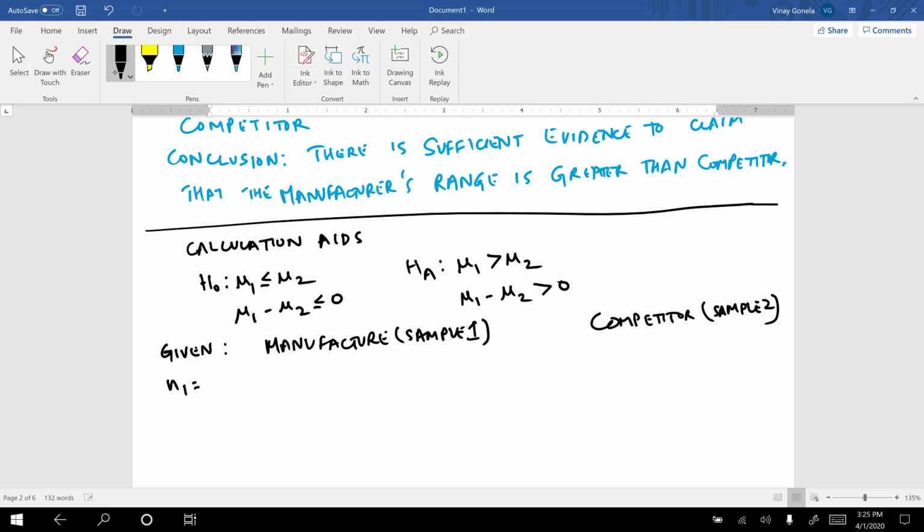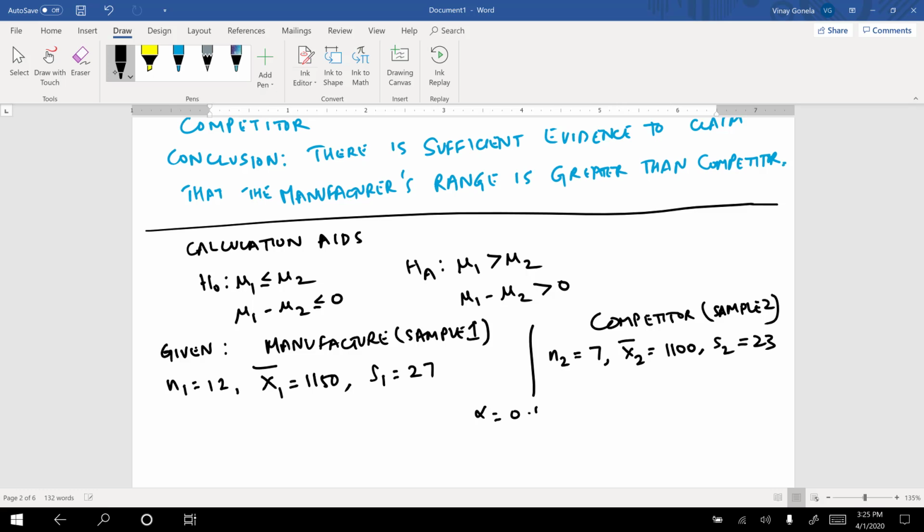So n1 is 12, x1 bar is 1150, and then s1 is 27, and for the second part n2 is 7, x2 bar is 1100, s2 is 23. So once we have these, we need alpha, which is 0.01.